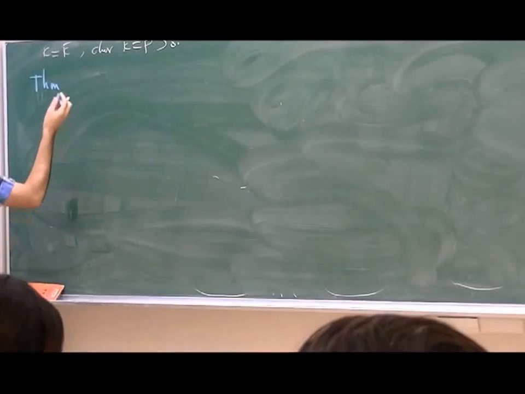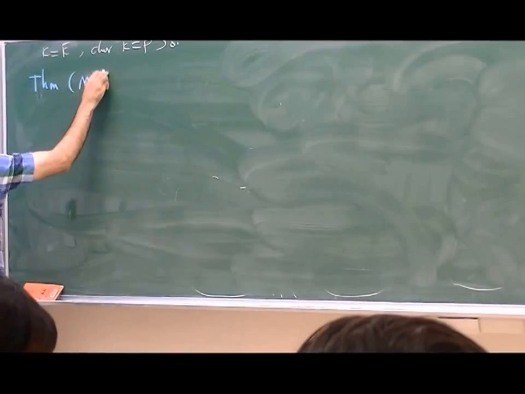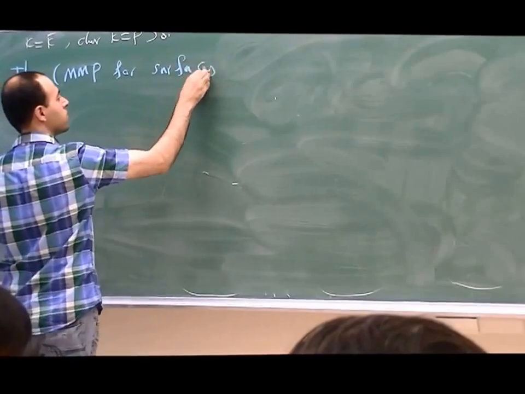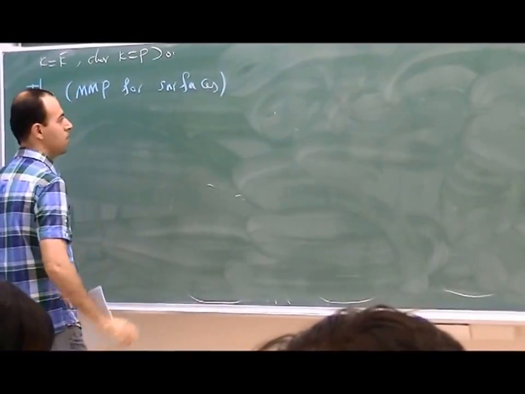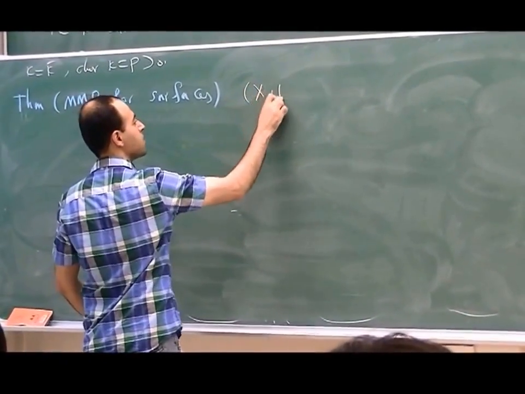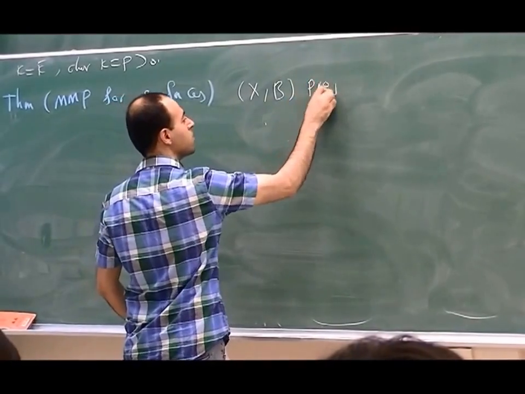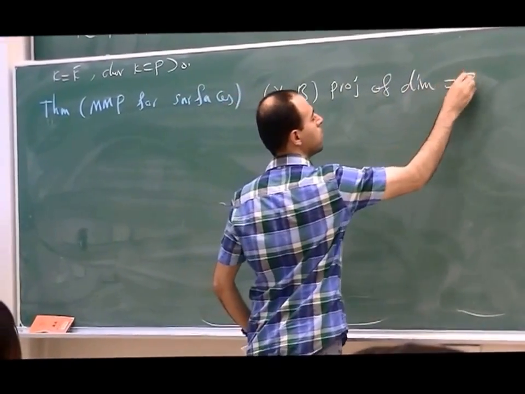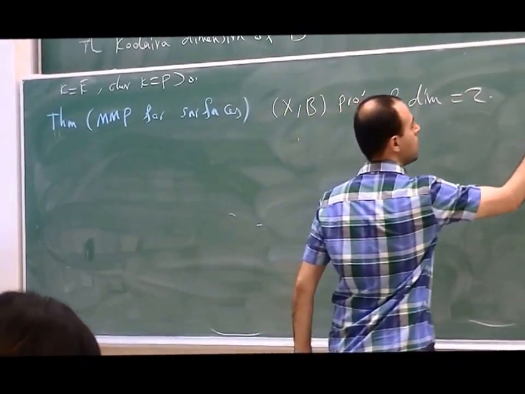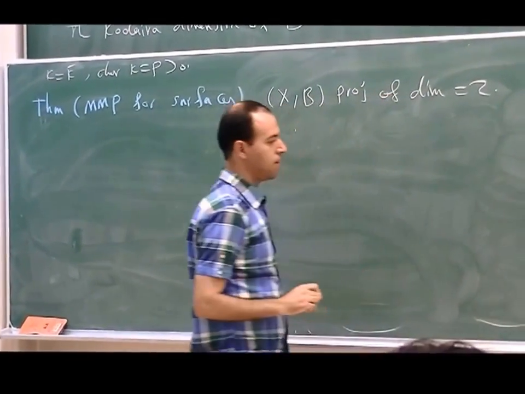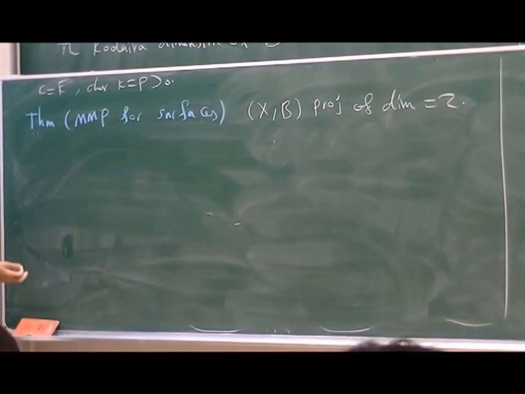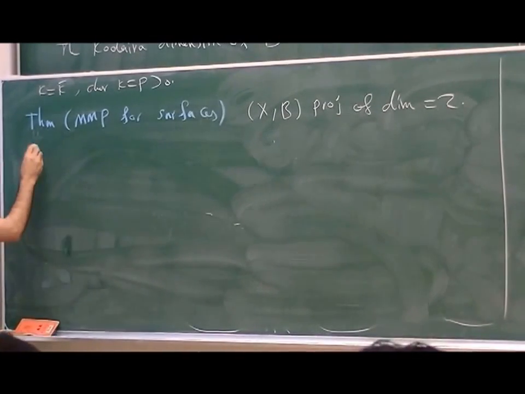This is the theorem for surfaces, or MMP for surfaces. Suppose that we have (X, B) projective of dimension 2. And for simplicity, I also assume that X is smooth, but this actually doesn't really play such a big role.